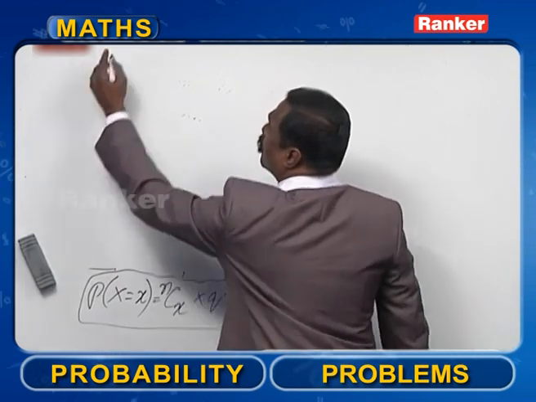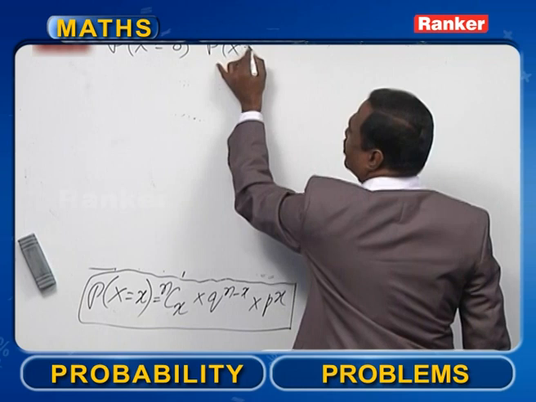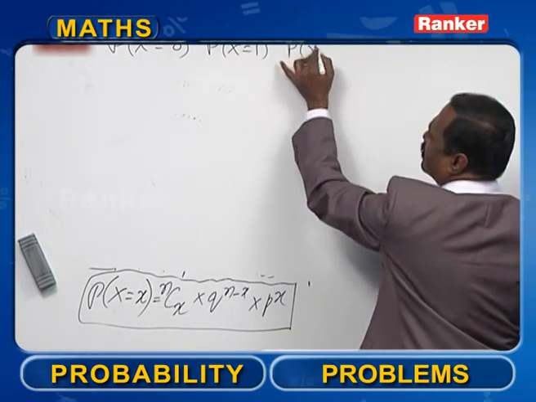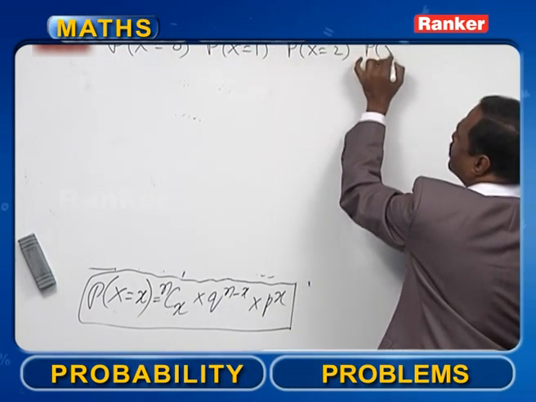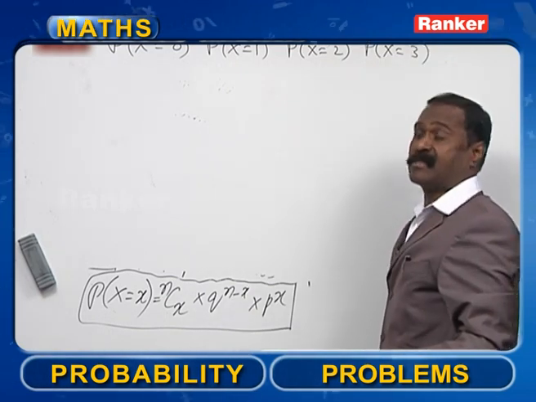Now, you want 0 successes. You want 1 success. You want 2 successes. You want 3 successes. You want all successes.